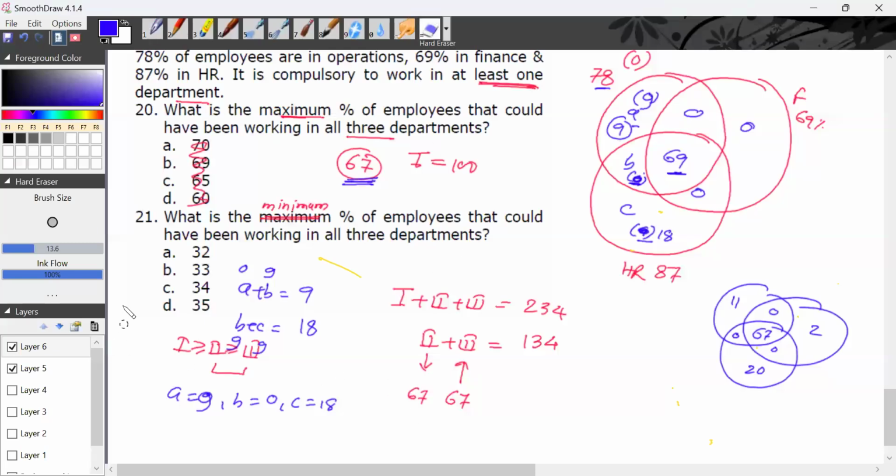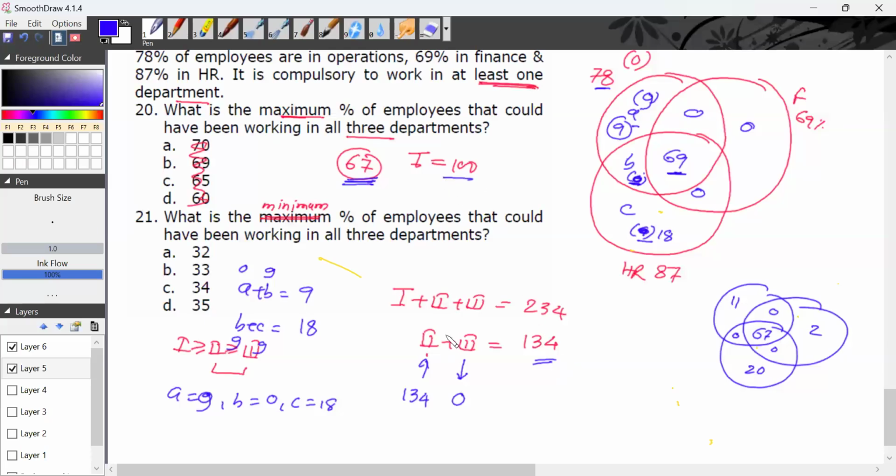Now let's come to the minimum value. What is the minimum value? So for the minimum value, I have to minimize this and I have to maximize this. Whenever we have to think about the minimum, think about 0. Can I take it 0 and 134? This is satisfying this equation. But can we take that? No. Why so? Because 1 is only 100.